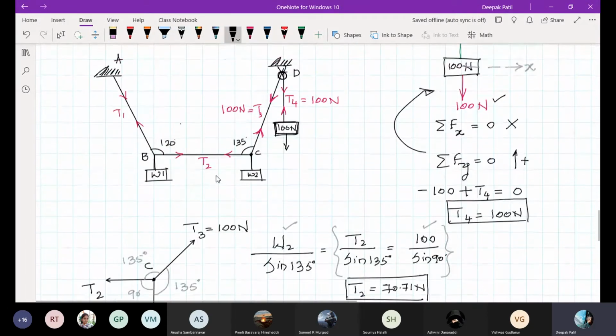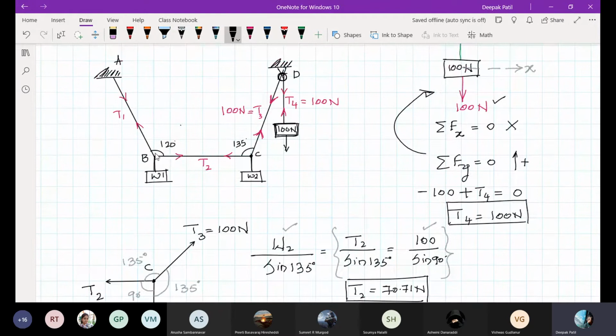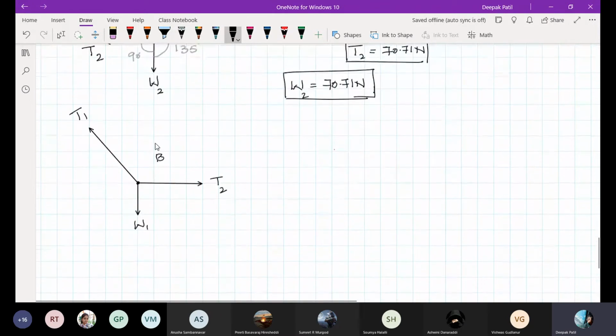What have they given? This angle they have given as 120 degrees. It means this angle is 120 degrees, and you can easily say that this angle is 90 degrees, and you can find this angle as 360 minus 120 plus 90, which comes out to be 150 degrees. Now let me apply Lamé's theorem here.